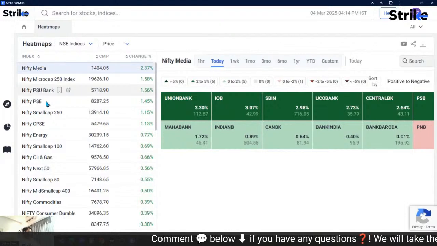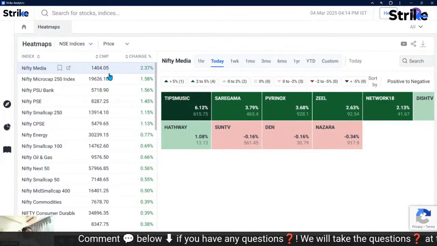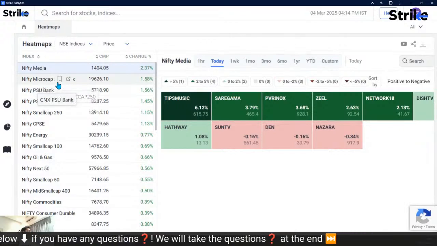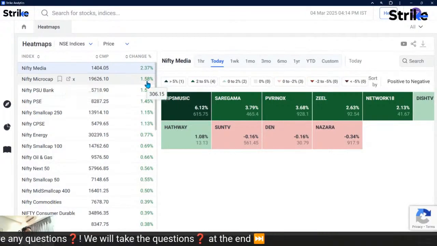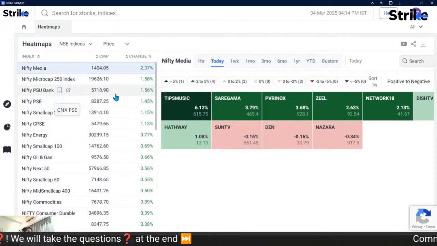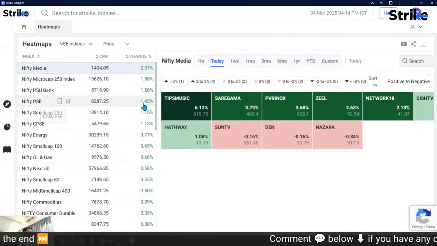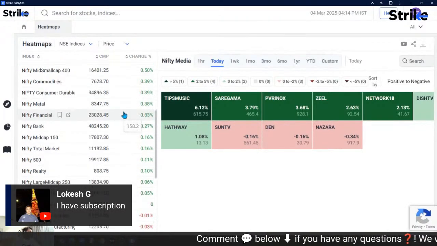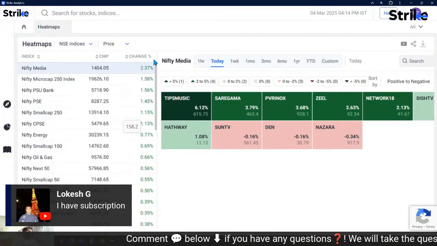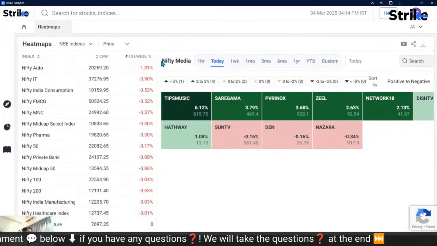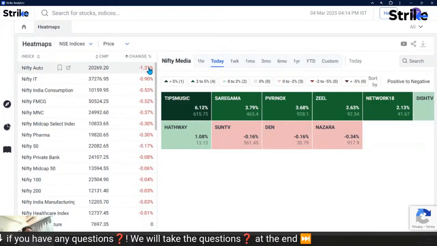So today, what has happened: you can see Nifty Media was up by 2%. Micro cap 250 indices was up by 1.5%. PSU banks were up. Nifty PSE, public sector enterprises, they were up. And what were the worst performers? You can simply click on percentage change, and you can see that auto has underperformed today.